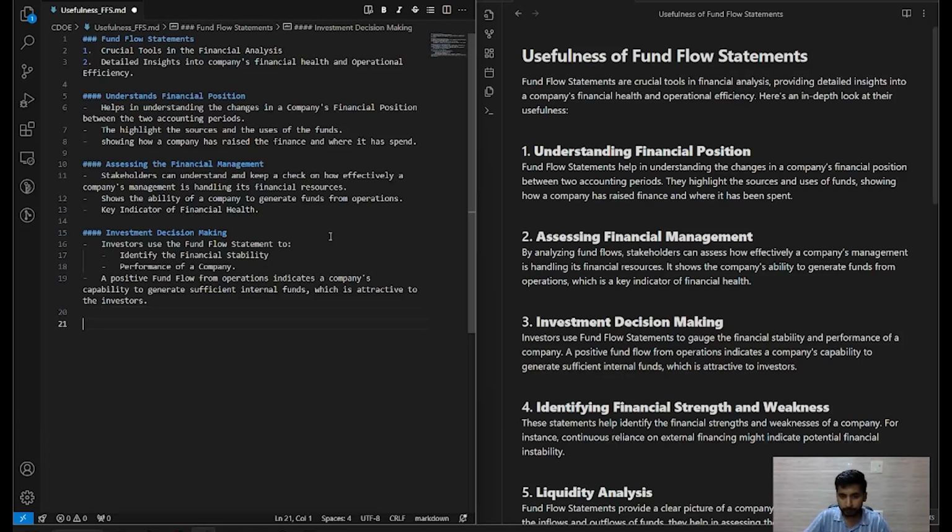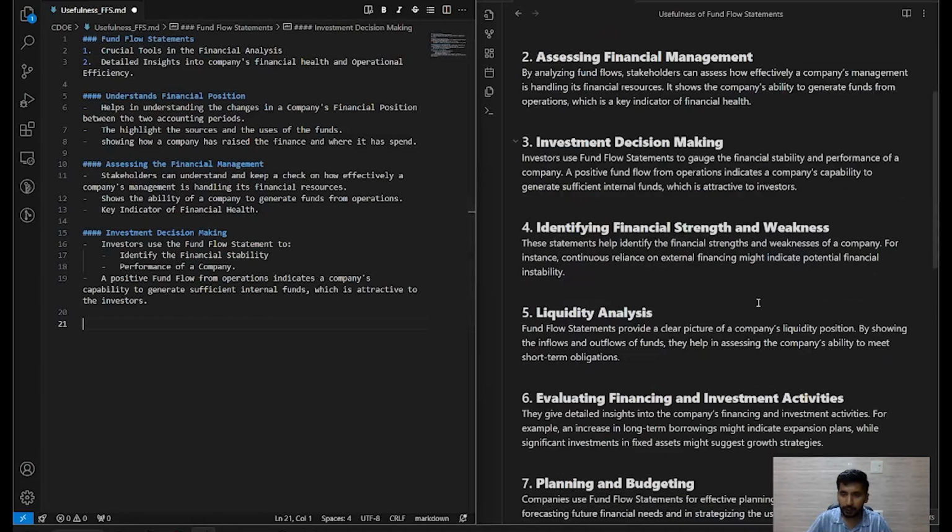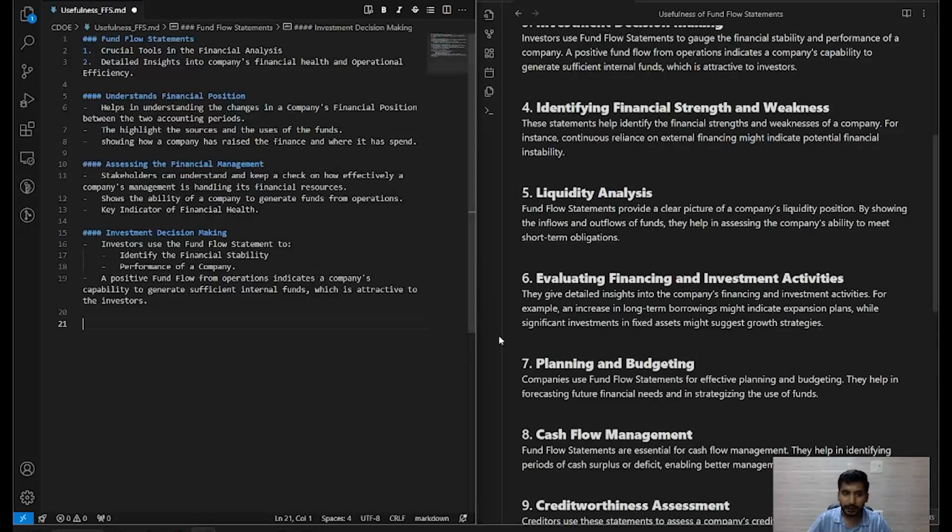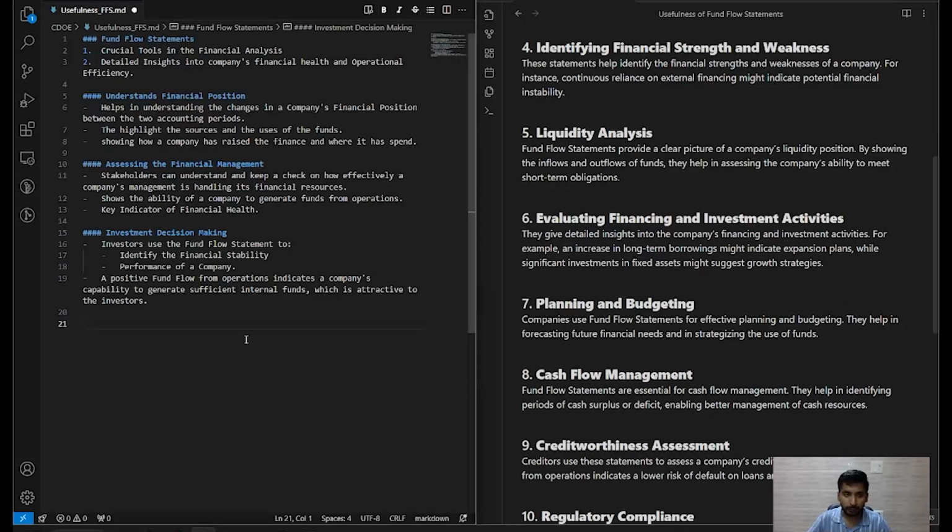Next up, identifying the financial strength and weakness. These statements help in identifying the financial strength and weakness of the company.